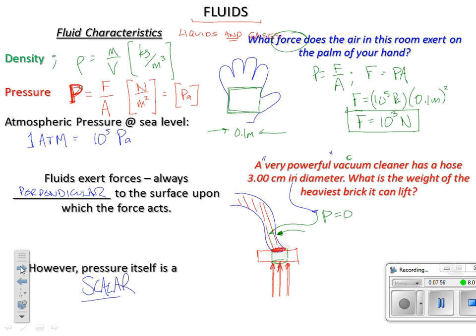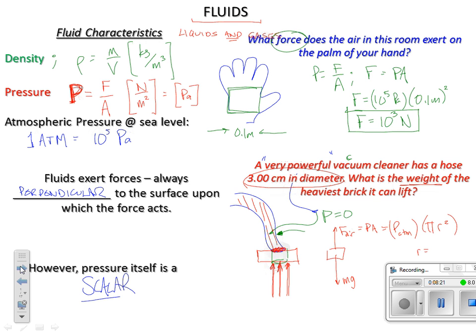So what we can say is, what's the weight? Well, if we look at the brick, we've got its weight, and then we've got this force that air exerts, which is equal to pressure times area, right? Which we'd write as P atmospheric times, this is a circular hose, pi r squared.